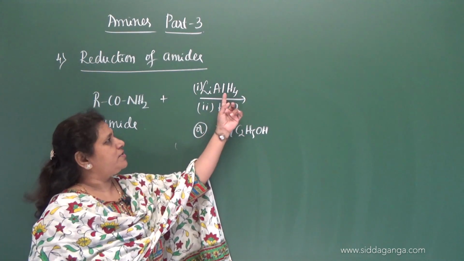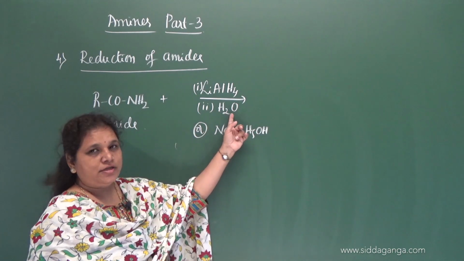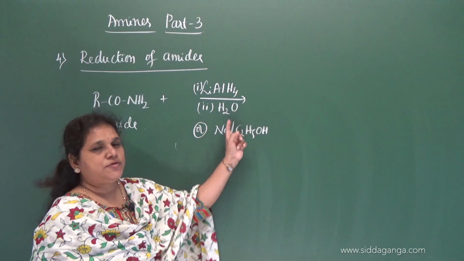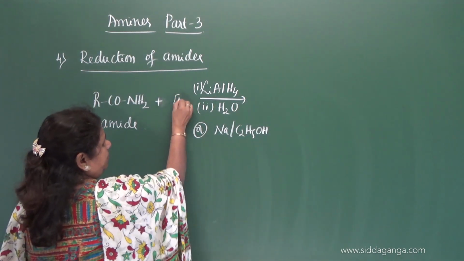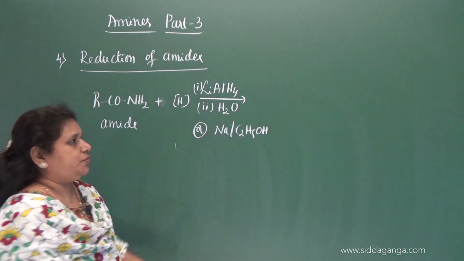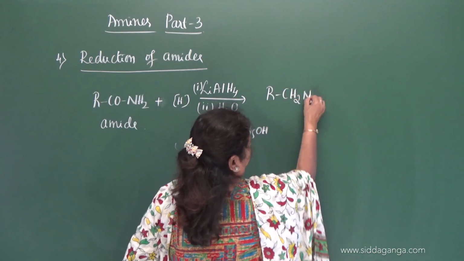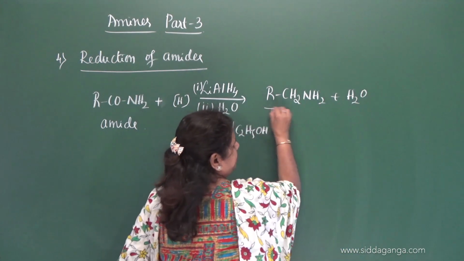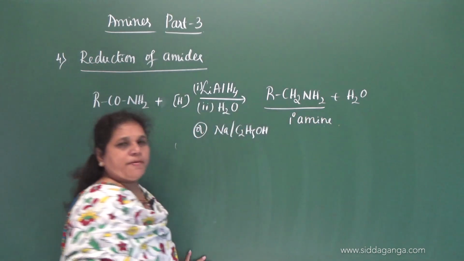So you can use lithium aluminium hydride followed by hydrolysis, or sodium in alcohol as a reducing agent, so that it reduces by using nascent hydrogen, it reduces CONH2 to CH2NH2. So RCH2NH2 with the formation of water, and it is nothing but primary amine.